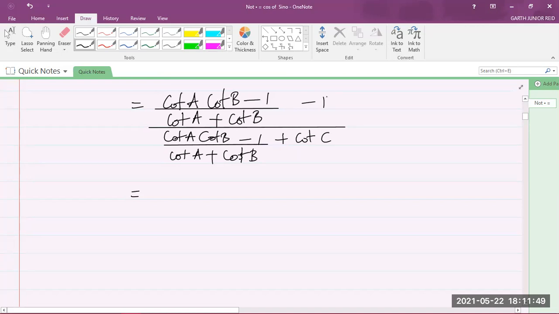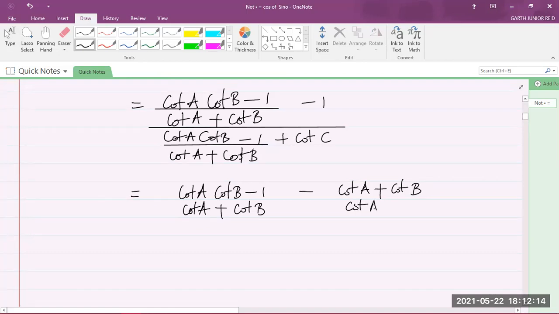I'm going to replace the 1 as cot A plus cot B over cot A plus cot B. So I'm going to have the cot of A times the cot of B minus 1, divided by cot A plus cot B, and I'm replacing the 1 as cot A plus cot B divided by cot A plus cot B. Not changing anything, but remember I'm adding the fractions, so I need the same denominators.